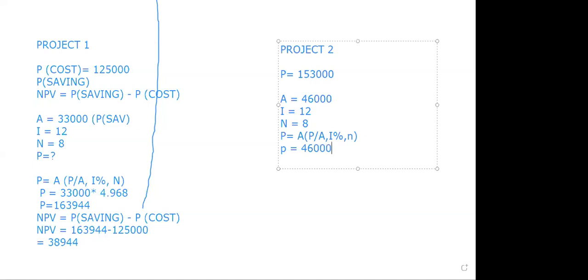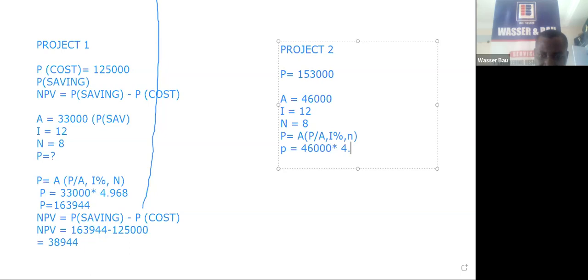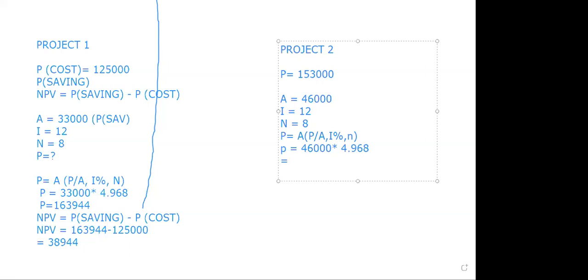46 multiply 4.968. And what's that value? 228,528.